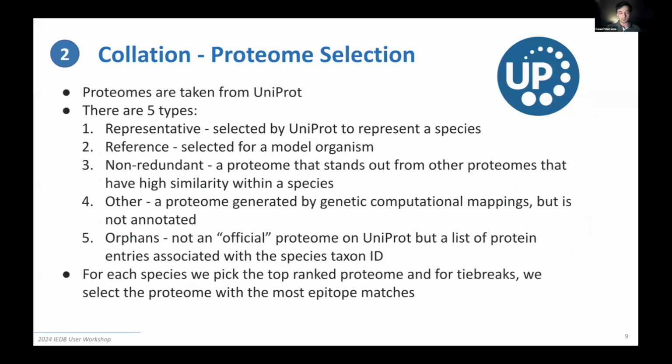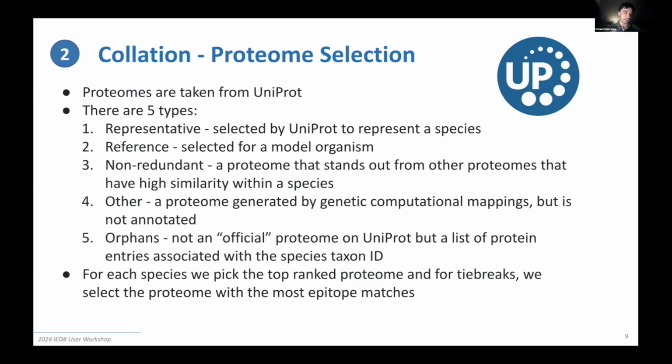So to begin with proteome selection, like I said, all proteomes are taken from UniProt. We do this because UniProt has a nice curation process that they handle for proteomes, where they bring proteins together for different species. And there are 5 types that they define.